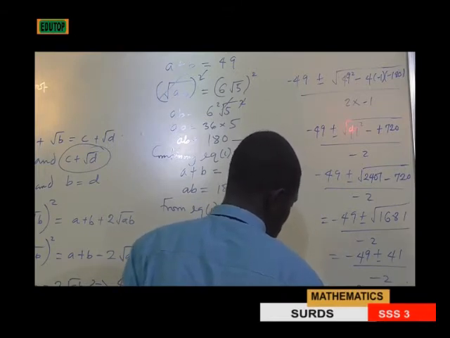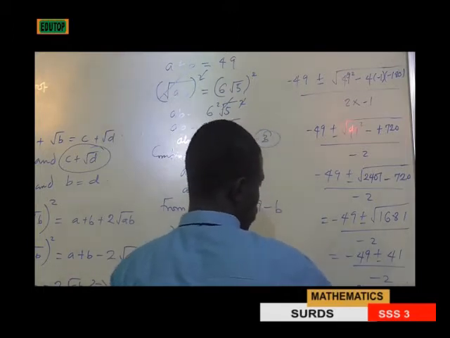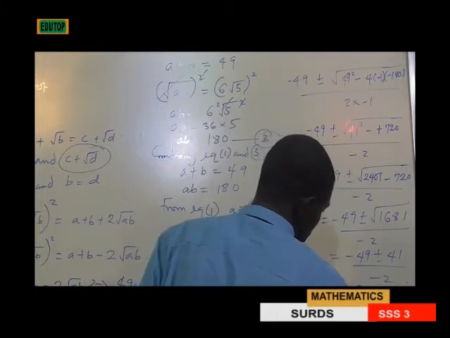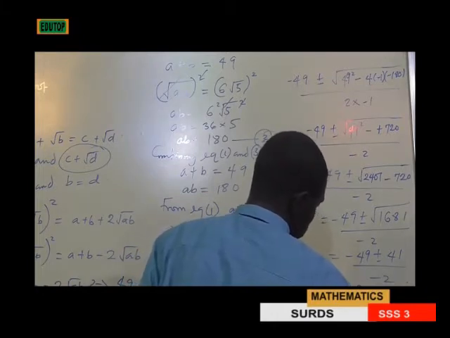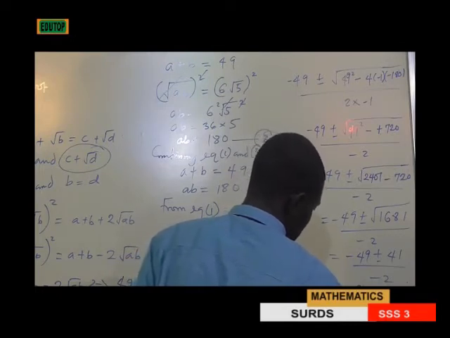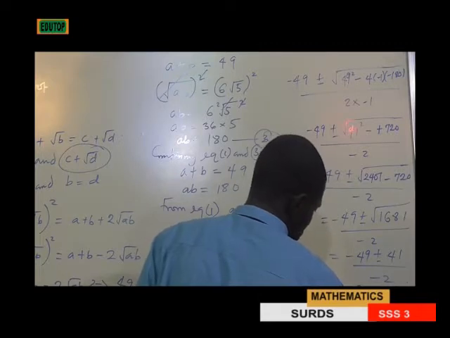And if we divide this, we have 4. The answer here is 4, comma, minus 49 minus 41. That will give us minus 90. Minus 90 divided by minus 2 will give us 45.